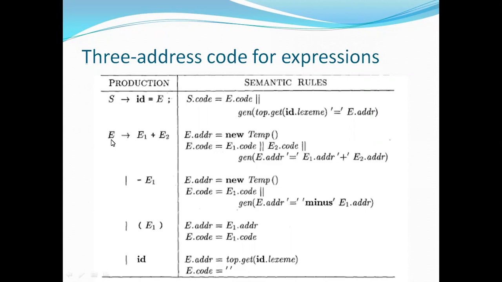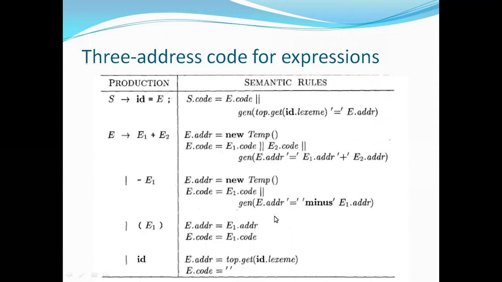Again for E we have E1 - E2, and -E1, ( E1 ), id, right? So again we need to write a new temporary for E.address, and we have another rule, right? -E1, and for writing the attribute for the code, E.code = E1.code.